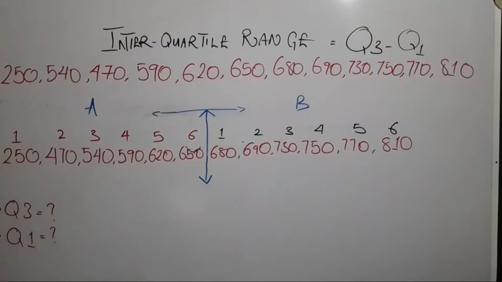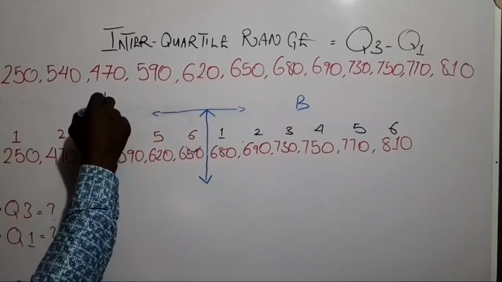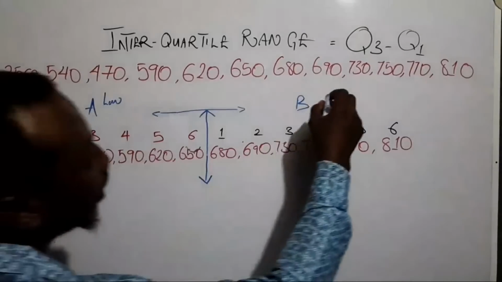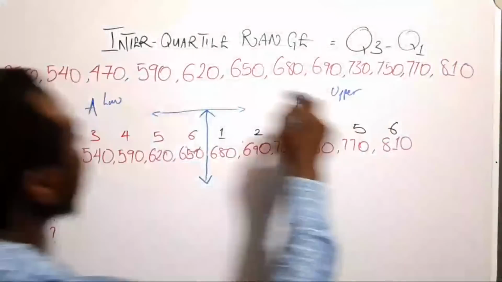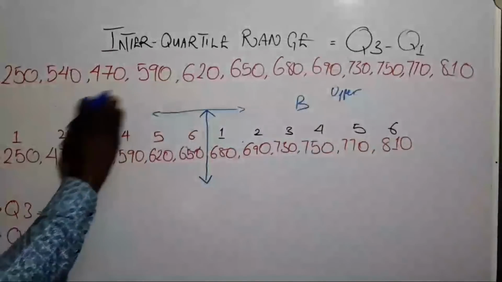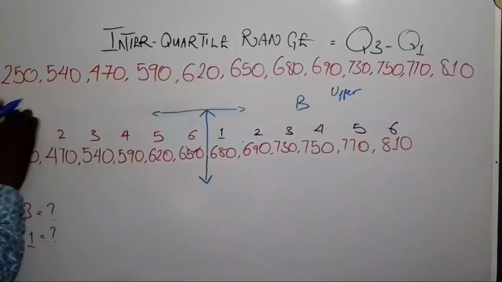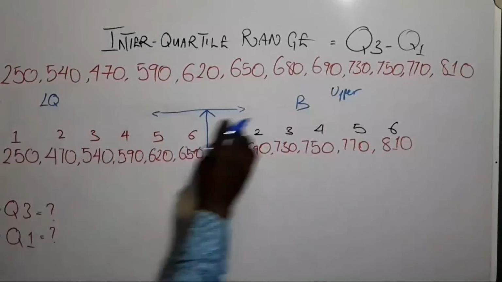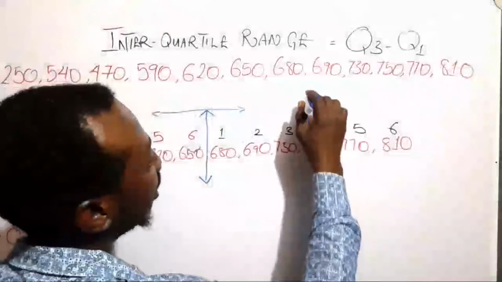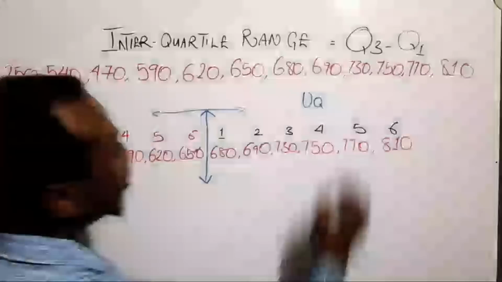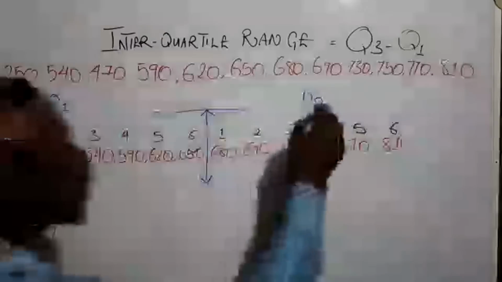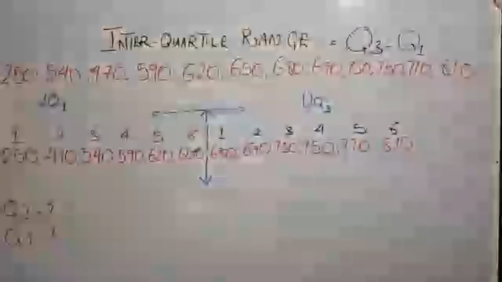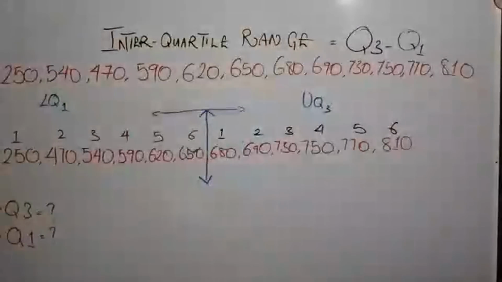Then we'll get Q1 and Q3. Let's name it LQ, lower quartile, and upper quartile. So this will be Q1, this will be Q3, since Q3 is more than Q1. Are we on the same page?